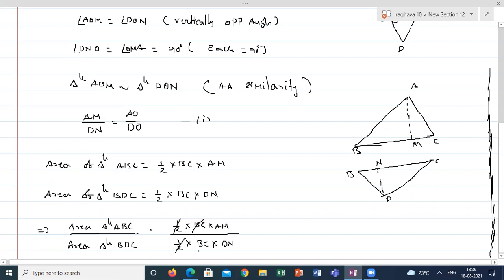Half cancels, BC cancels. This comes as AM by DN. AM by DN is nothing but AO by DO from equation 1, and this is the required result.